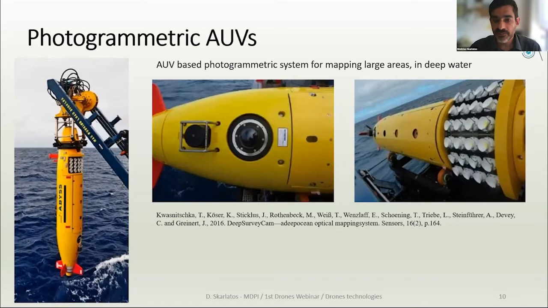They are not tethered, so they can extend their range to a larger area, of course. They have a dedicated photogrammetric sensor and other sensors on board. Obviously, they need to be precisely located in the underwater environment in order to perform their task and take photos of the bottom.